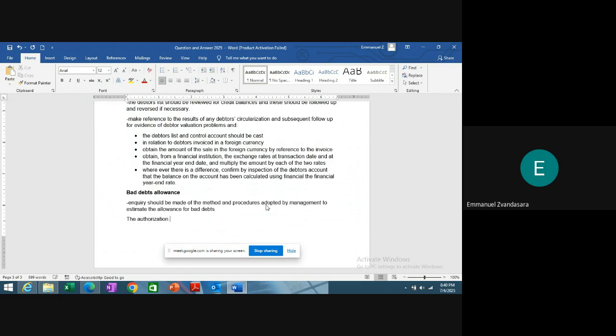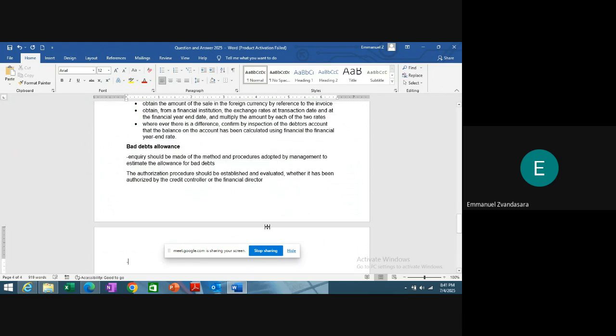Authorization procedure should be established and evaluated, whether it has been authorized by the credit controller or the financial director.